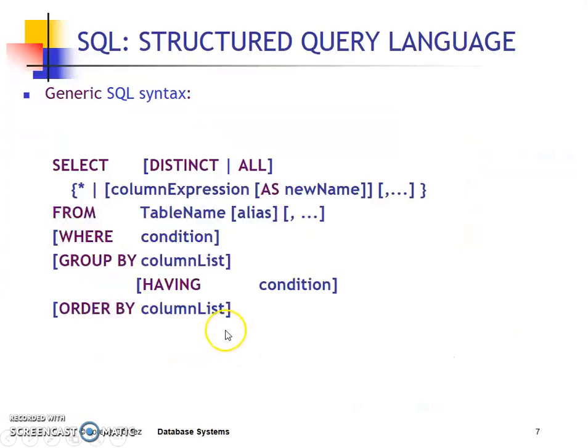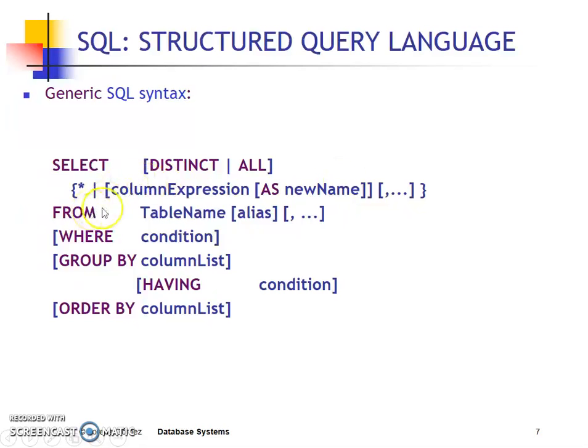The Structured Query Language has the syntax SELECT, and we can use the word DISTINCT to eliminate duplicates or get all the records, and star if we want all the attributes, or we can specify the column names, and also we can rename the column name in the output.